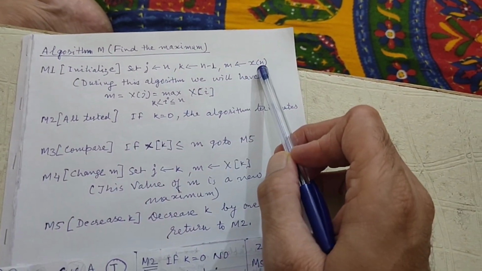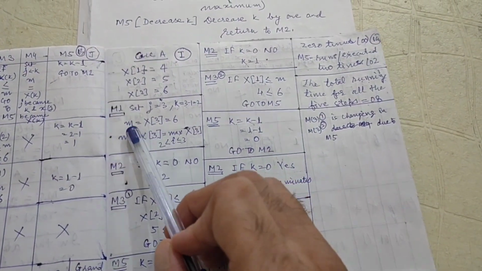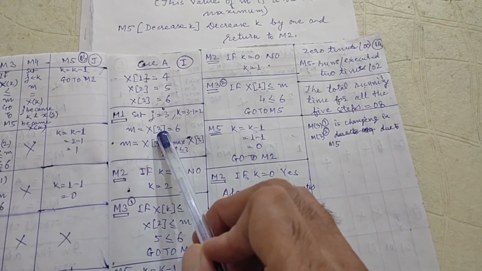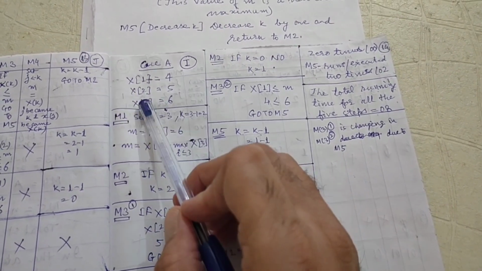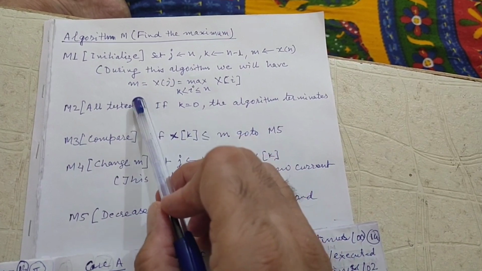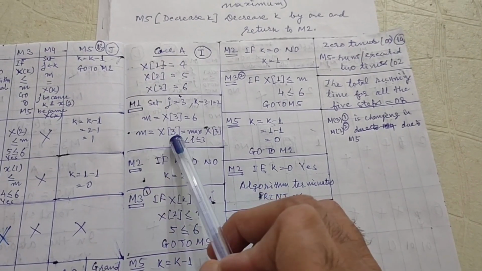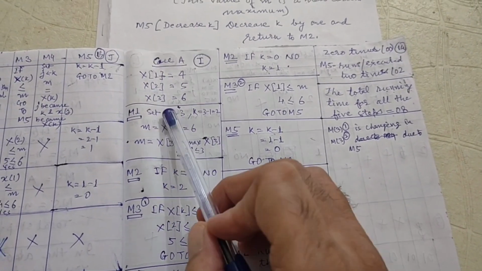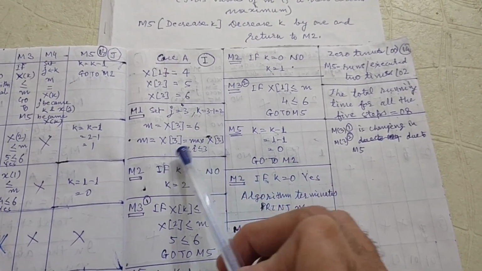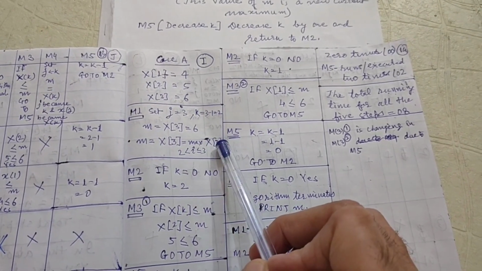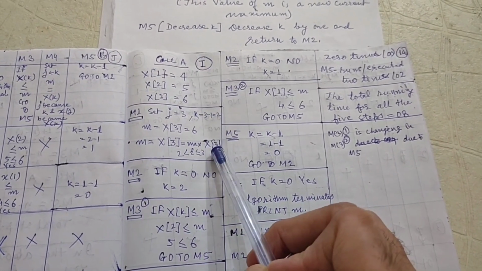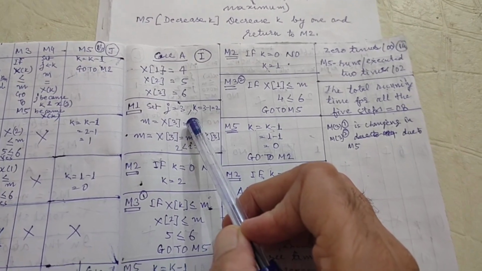M is equal to xn, M is equal to x3. x3 is 6. M is equal to xj is equal to maximum of xi. M is equal to x3. xj, j is 3, x3 is equal to maximum of x3. Maximum of x3 is 6.